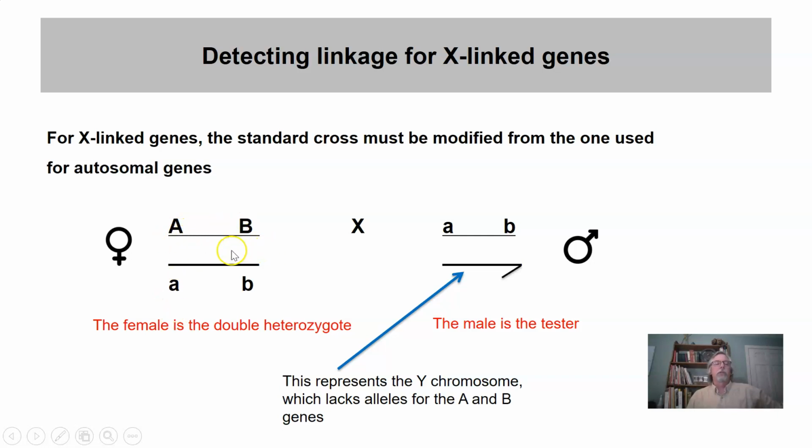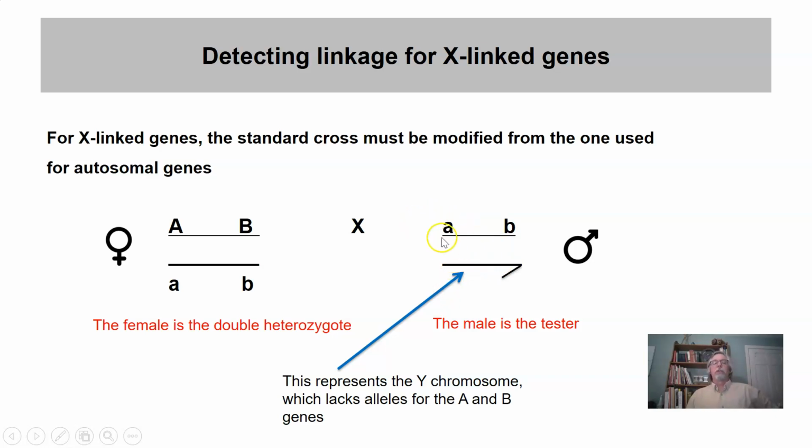They're X-linked. So we can set up a cross with a female that's heterozygous for both, big A, big B, little a, little b. This female has alleles in cis, both dominant on one chromosome and both recessive on the other chromosome. She will be the double heterozygote. The male, having only one X chromosome and a Y, that's what this kind of hooked chromosome represents, the Y doesn't have alleles for X-linked genes.